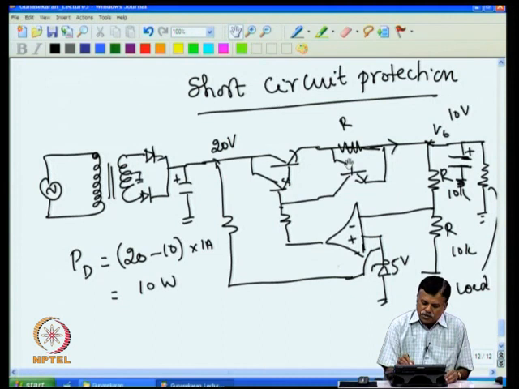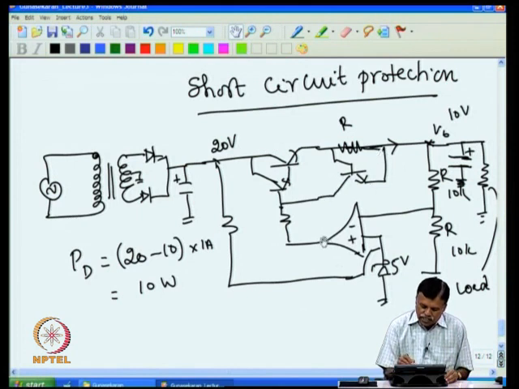We know that when the base-emitter voltage of the transistor exceeds 0.6 volt, an appreciable current is flowing in the collector. So if more current flows through this, there will obviously be more voltage drop, and if the voltage exceeds 0.6, the base-emitter voltage exceeds 0.6 and this transistor starts conducting, so current will start flowing.